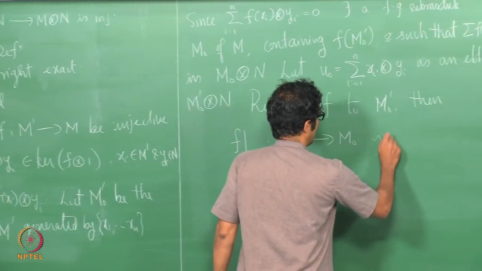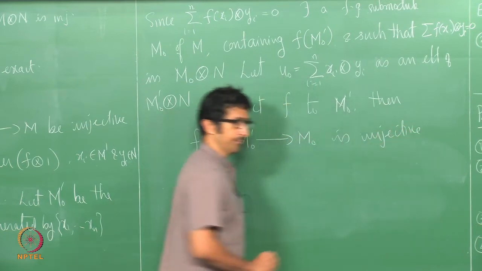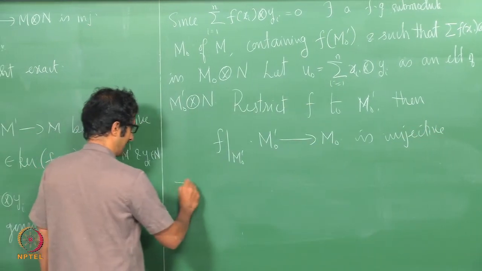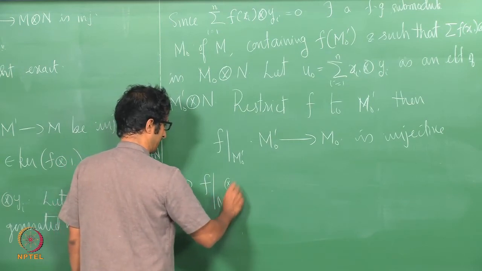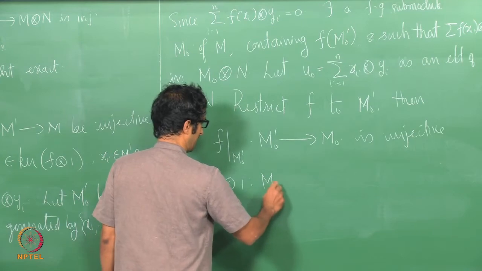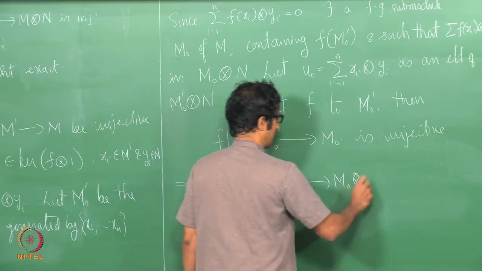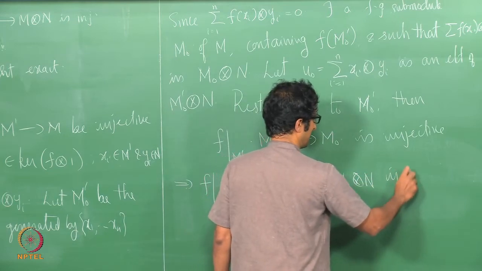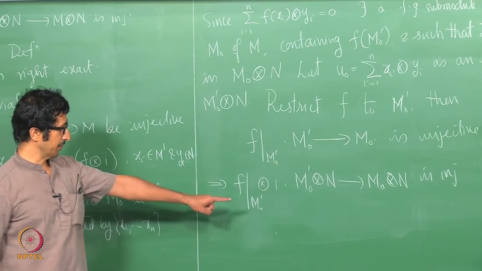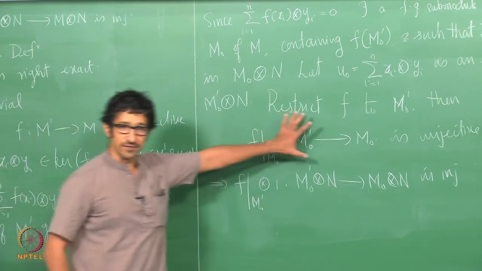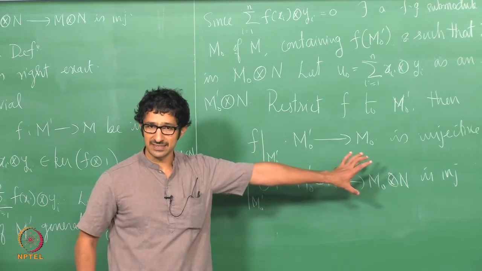Then this is injective. Therefore, f restricted to m naught prime tensor 1, from m naught prime tensor n to m naught tensor n, is injective by hypothesis. The fourth hypothesis says that for finitely generated modules, if this is injective, then this tensor is injective.